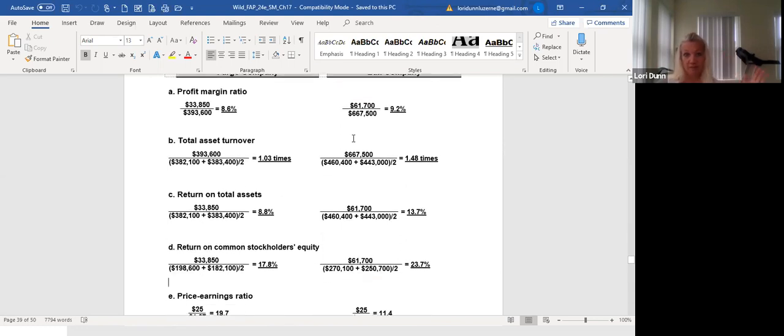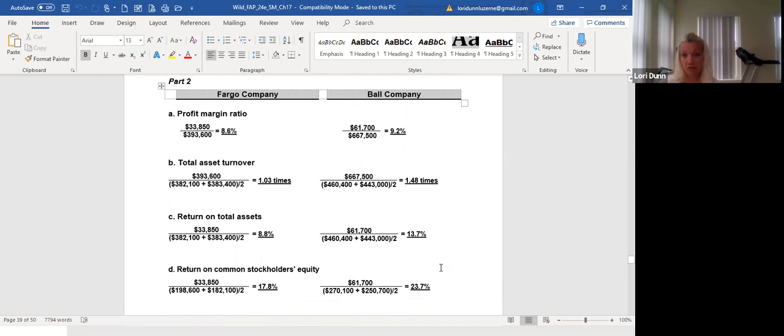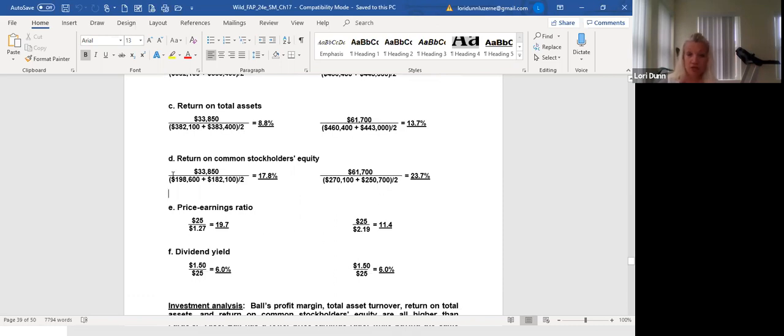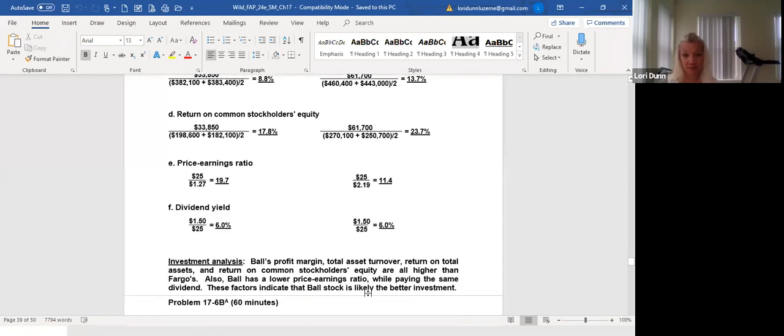So one more time, profitability wise, Ball is much better. All of their ratios are higher than Fargo's. Price earnings ratio, the market values $1 of earnings per share of Fargo a little bit more than Ball, but they have the same dividend yield. That's what you're doing in your analysis.